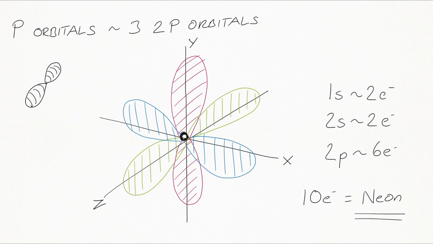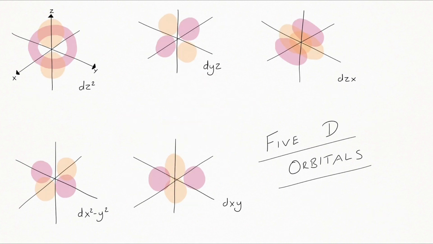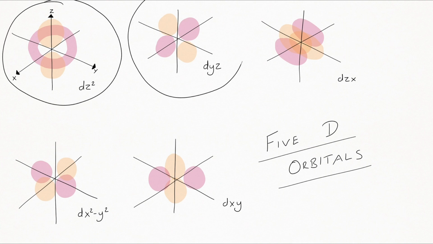We then need to consider d and f orbitals. So this is my representation of the 5d orbitals. Each one of these orbitals can contain up to 2 electrons. Like the previous orbitals, they can only hold a maximum of 2 electrons.